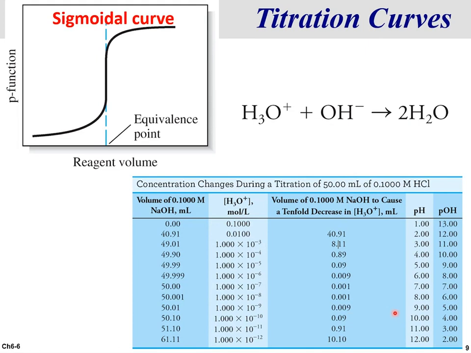So by adding less than a milliliter of the titrant near the equivalence point, the pH changes by 4 or 5 pH units. By adding just less than 1 milliliter. So this is a very dramatic change in the pH, and that's what allows us to determine this equivalence point accurately.